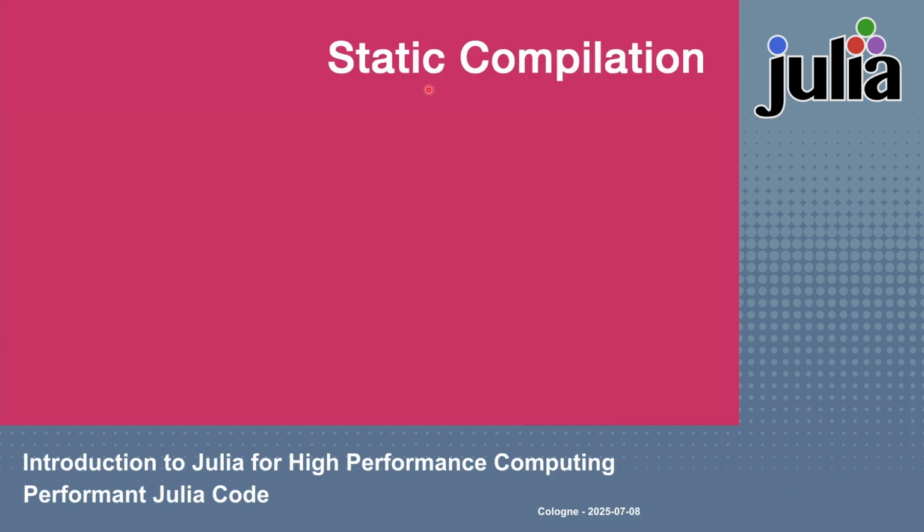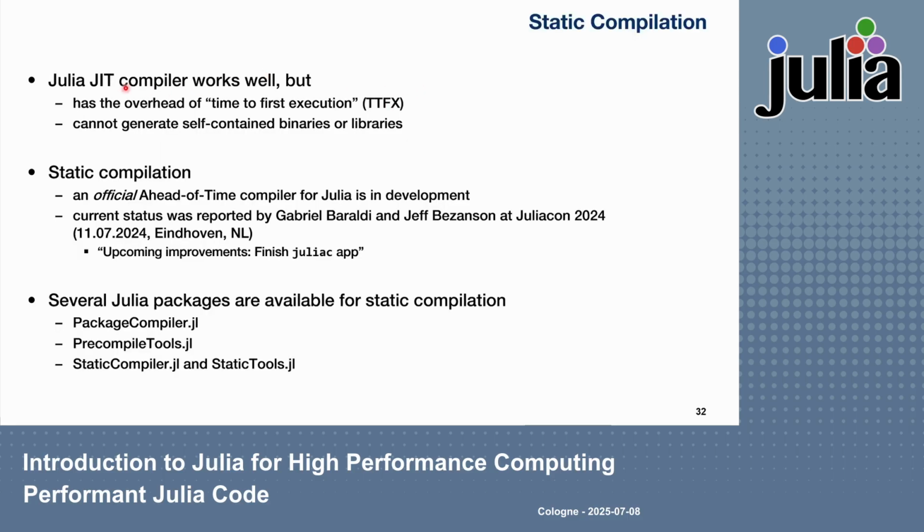Julia's just-in-time compiler works, but there is a so-called time-to-first-execution overhead, as you mentioned, which I think the audience has all seen, and it cannot generate self-contained binaries or libraries. This is not really convenient.